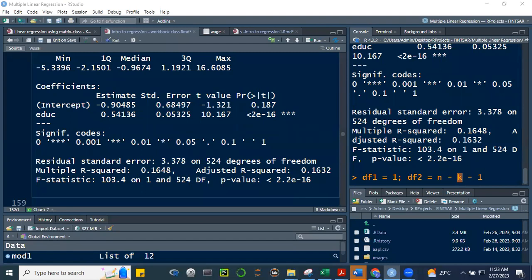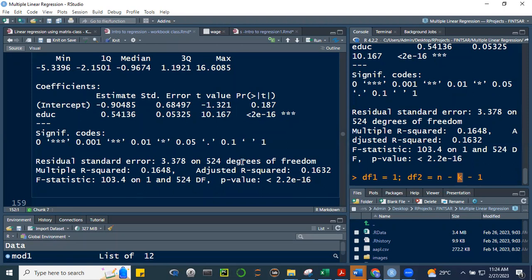All right, so let's now go here. Remember, this is the test of the individual means, the individual t-test. Each of the parameters we're testing for its significance. Ito naman, what do you call this, class? This is the overall goodness of fit test.